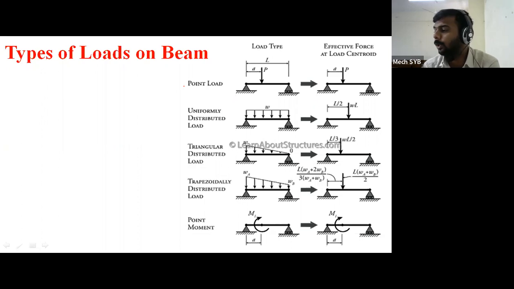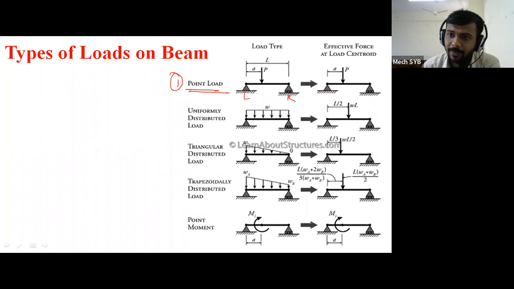So what is meant by the point load? Here in figure number 1 I have given the point load. If you see the figure, one horizontal beam is there. It is supported at the left side and at the right side.